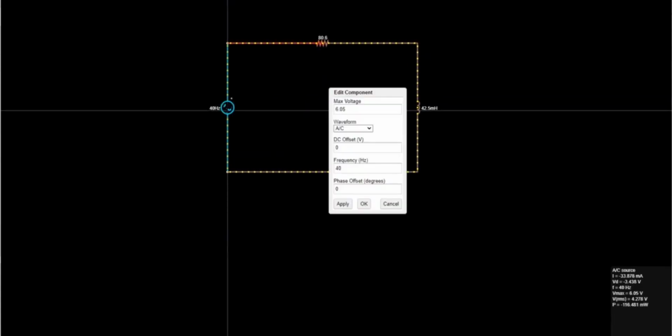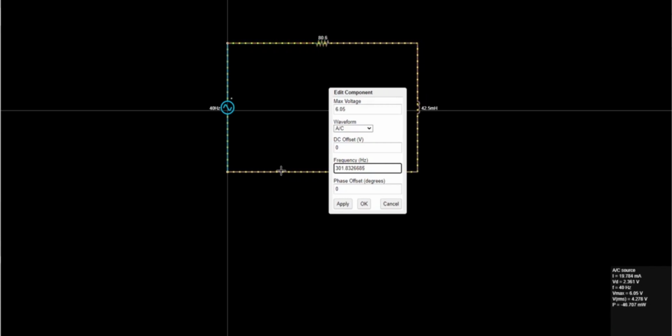So double click on your source. There's my 6.05 volts. And now for frequency, let's all use 301.832.6685. And that's the frequency with my numbers.